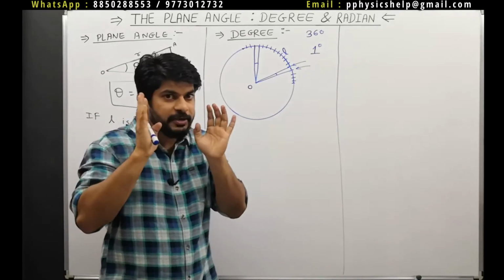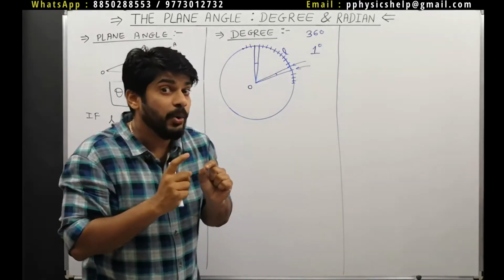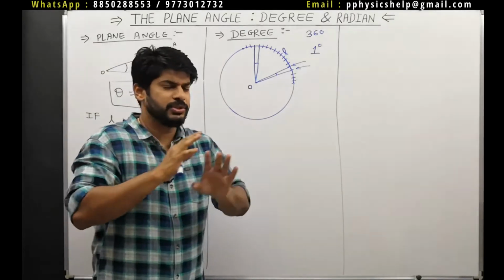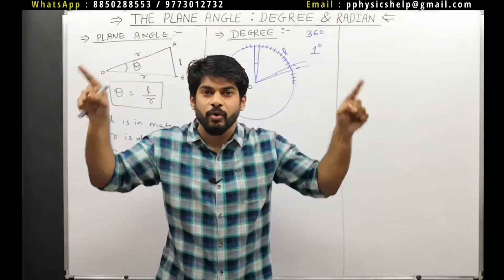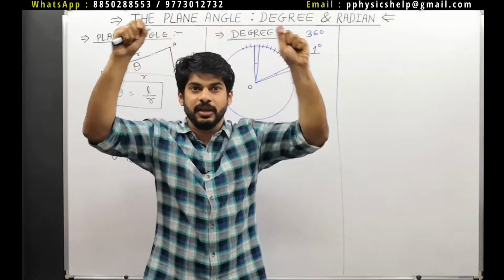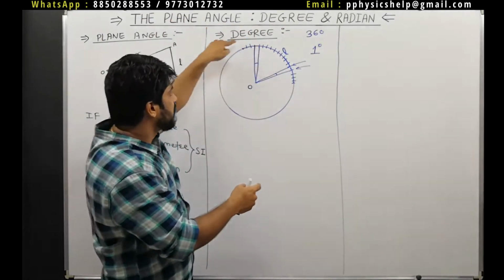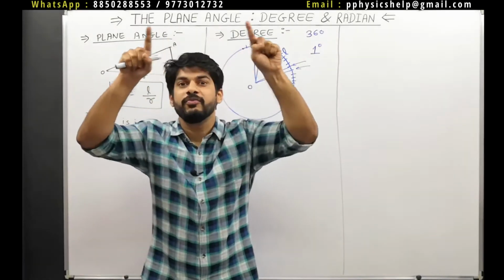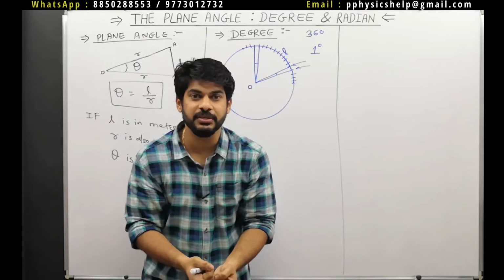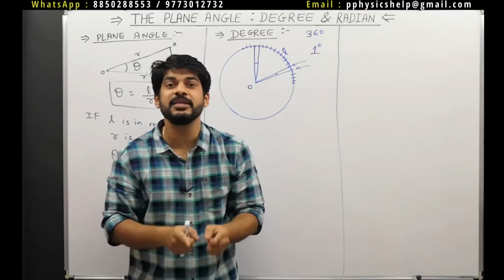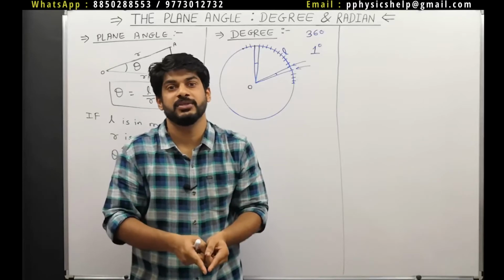So now you might be getting a little bit of an idea how exactly we define 1 degree. It's very simple. You have a whole circle. The circle has a whole circumference or periphery. What you have done is divided this circumference into exactly 360 equal parts.